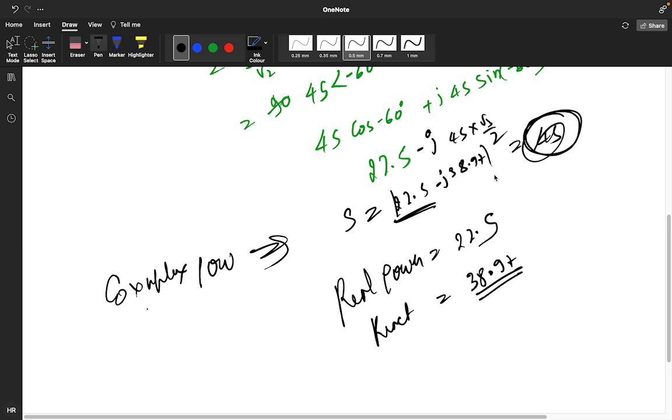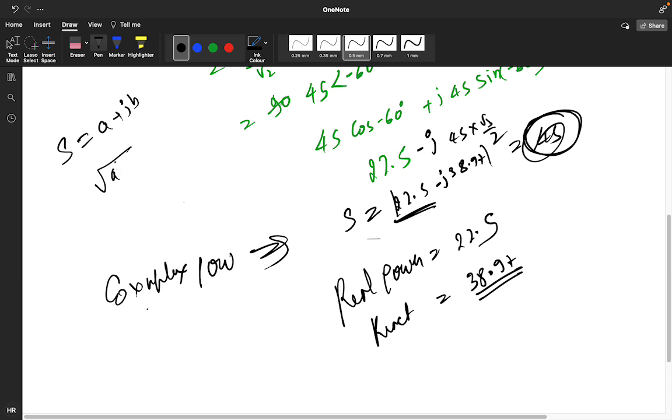See, total power is known as apparent power. Okay, it means the mod value of a complex power is your apparent power only. So you have S equals A plus jB.